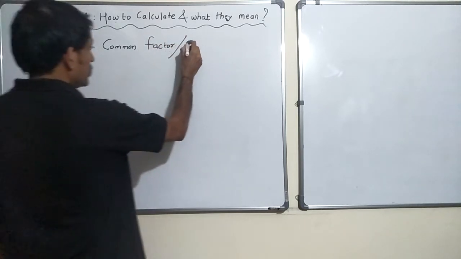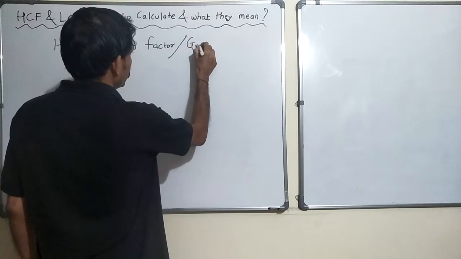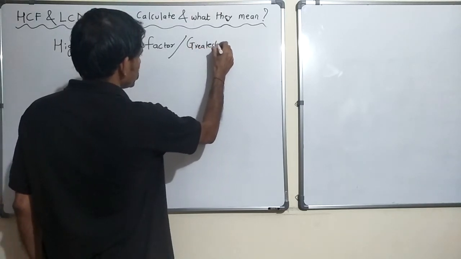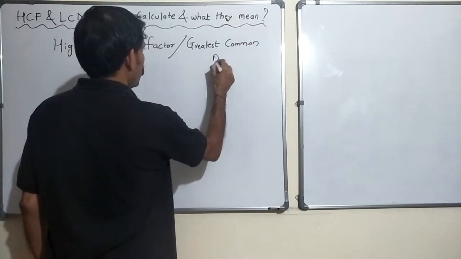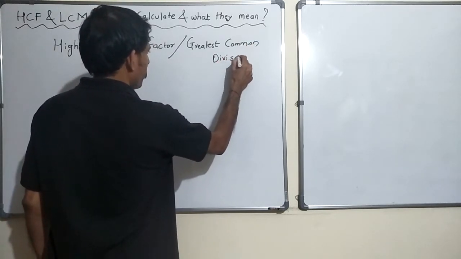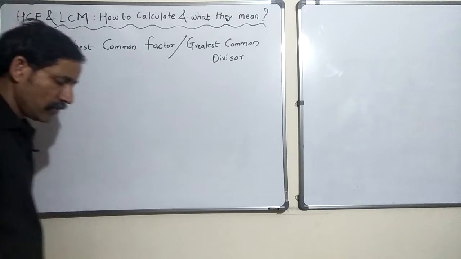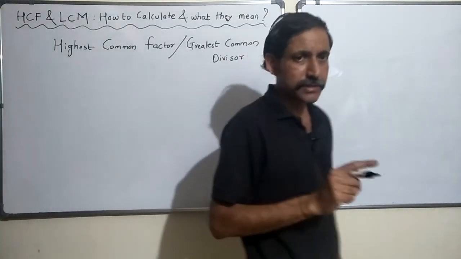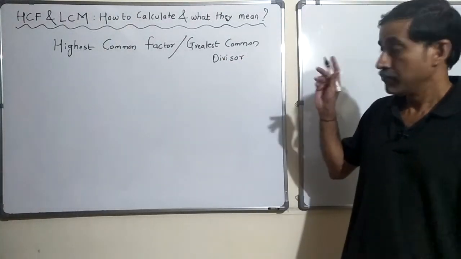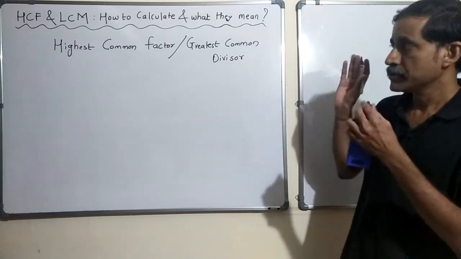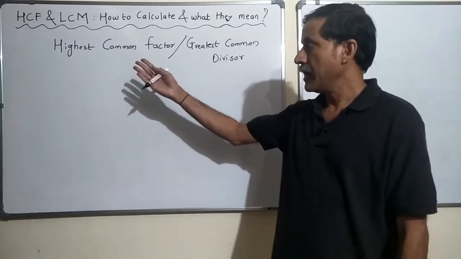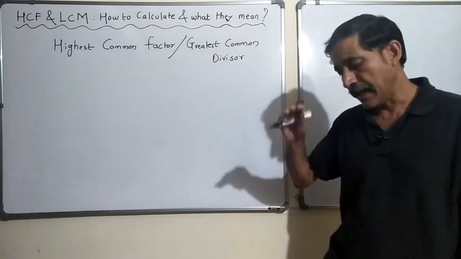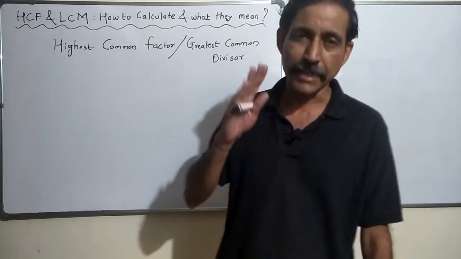It is also known as greatest common divisor. Okay. So, HCF is also known as GCD. Okay. So, both are same. Either they will ask you to find HCF or GCD. In that case, you have to do the same thing.